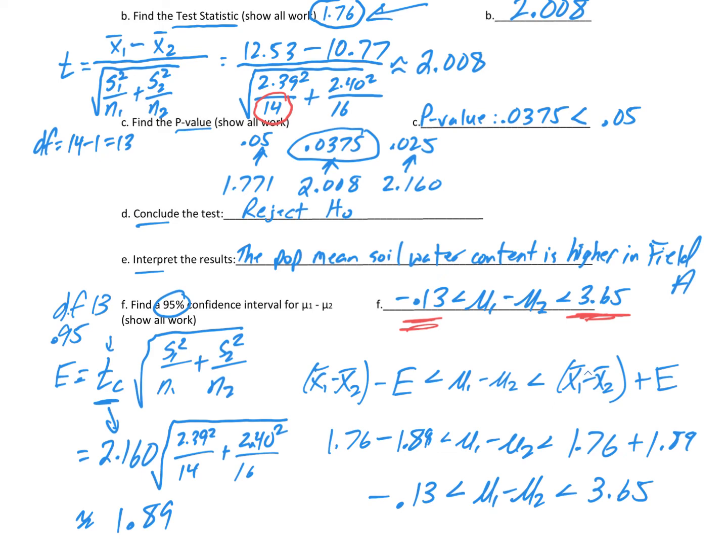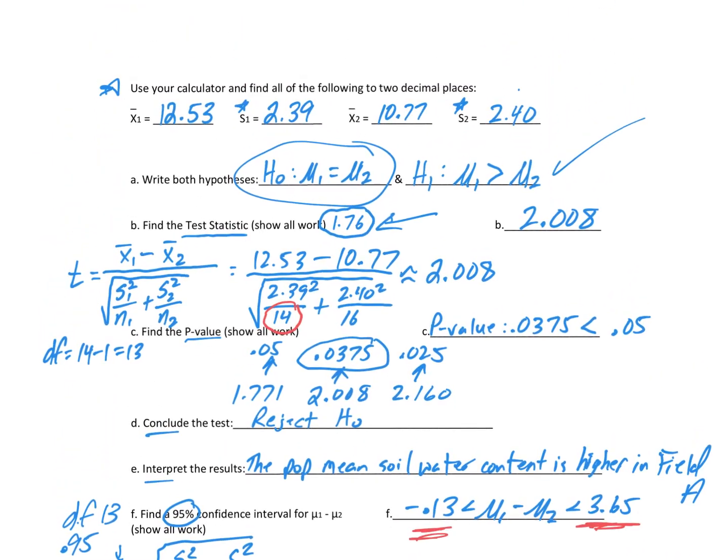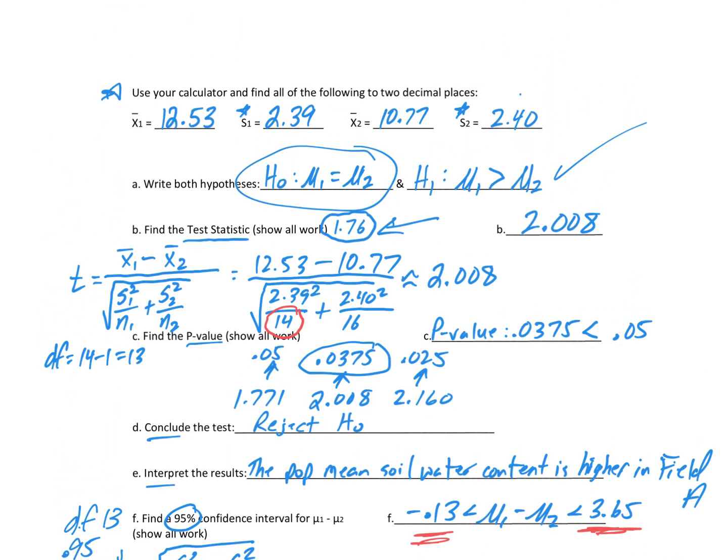So let's reiterate the first type of question. If you are given or you find S's, not sigmas, S's, S's are sample standard deviations. Your test statistic is going to be a T. You're going to use your T chart to find your p-value.